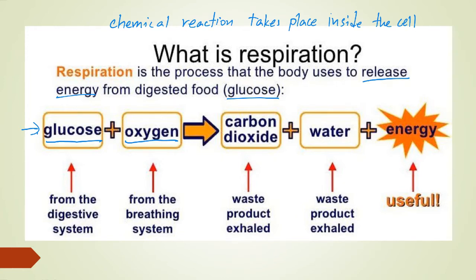Glucose is from the food, while the oxygen comes from our lung after the fresh air flushes into our lung, and because of the gradient difference of the concentration of oxygen, we take in oxygen. Respiration would turn these two into carbon dioxide and water, and at the same time release energy.